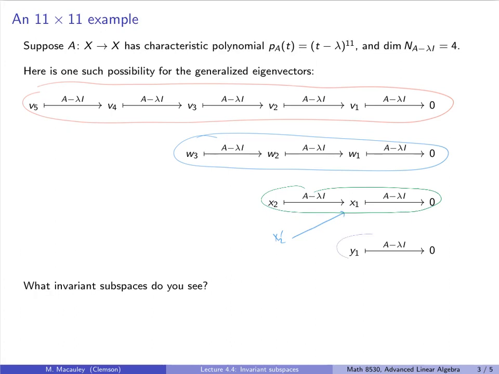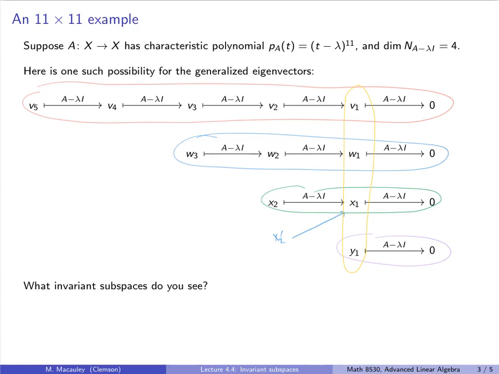So each of these rows will span a subspace. But there's other things. I've already talked about how V1, W1, X1, and Y1 is a subspace of the eigenvectors. It's a 4-dimensional subspace.